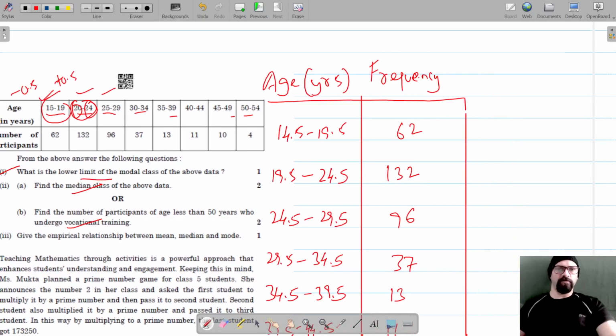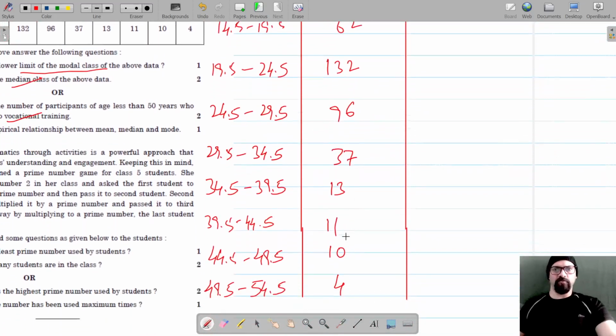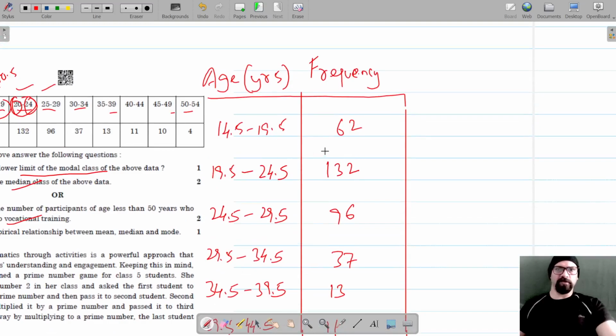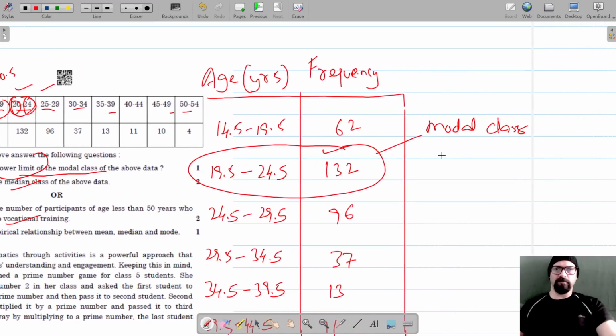Now we have to find the lower limit of the modal class. The modal class here is the one with the maximum frequency, and the maximum frequency is 132. So this is the modal class, and we have to find its lower limit. The lower limit of the modal class is 19.5.